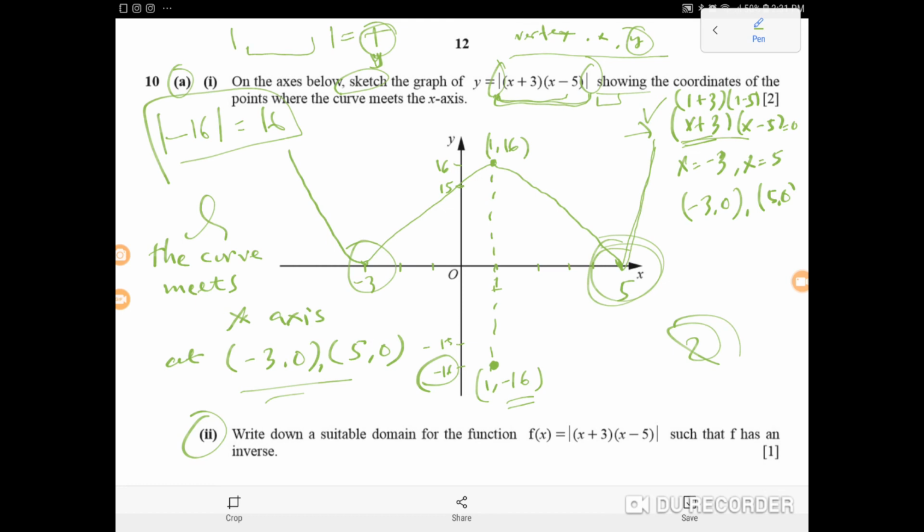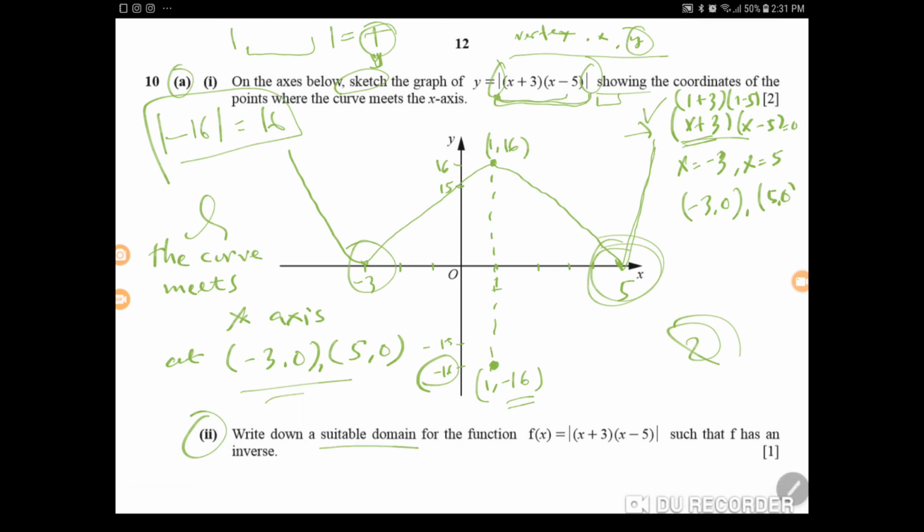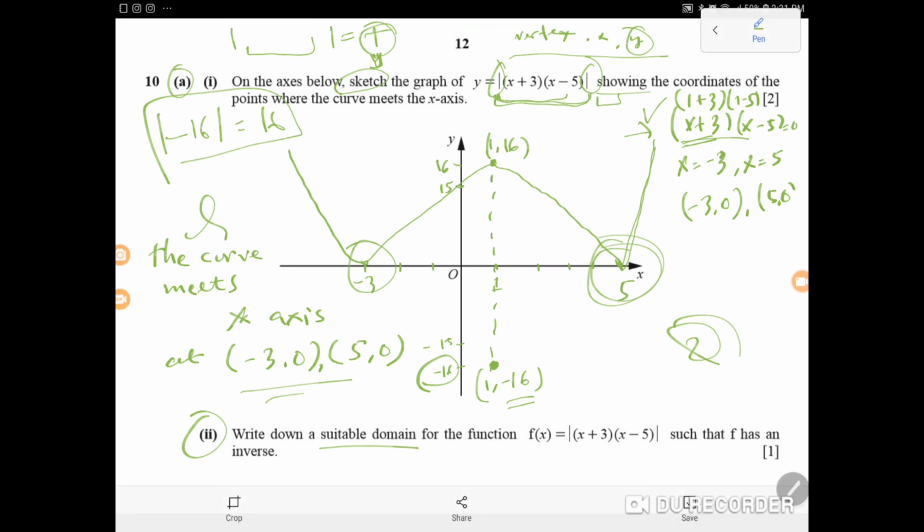So in this case, if it is just an absolute function without giving us the domain or anything like that, it is not a one-to-one function. But since it is asking us to give a suitable domain to make it a one-to-one function, then we can make it that way.